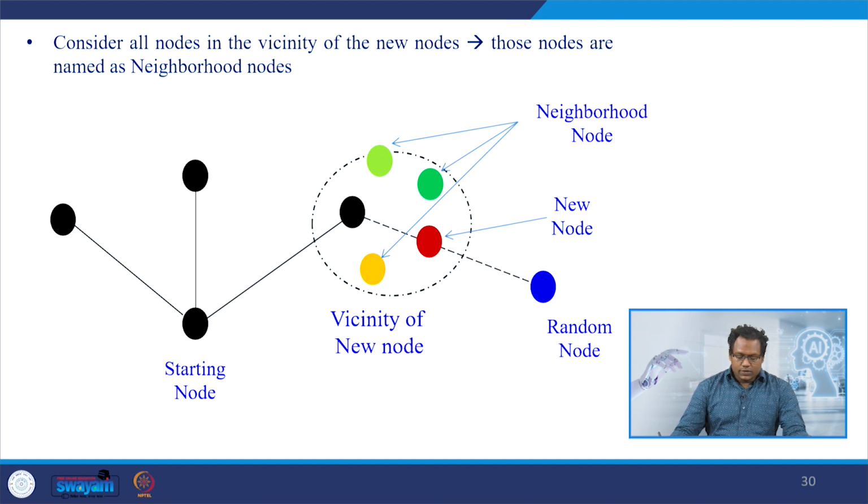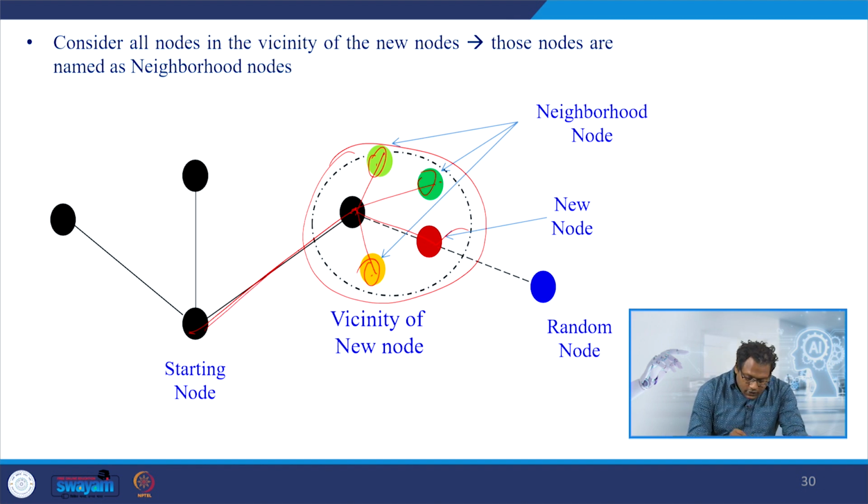Now, instead of directly connecting this new node to become a vertex and edge of the tree, we are going to consider the vicinity of this new node, which is red in color, and in the neighborhood we are going to pick some random nodes, so that from the starting node we get a measure of the path length to reach the nodes in the neighborhood of the new node.